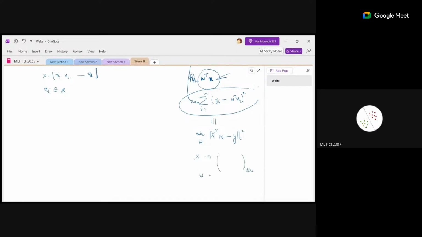W is a D cross 1 matrix, and Y is an N cross 1 matrix. And in this equation, is x a vector?